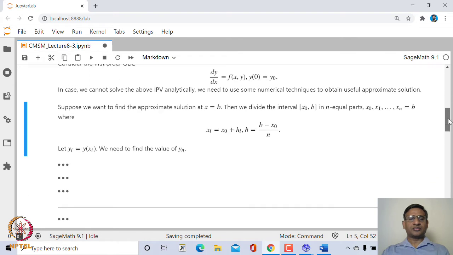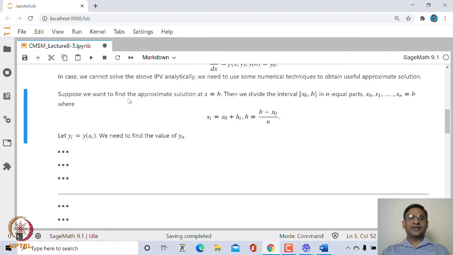In order to find an approximate solution of y at x equal to, let us say, b, we divide this interval x naught to b into n equal parts, let us say x0, x1, dot dot dot, xn. X naught is the starting point at which the value of the solution is given. The length of each of these sub intervals will be nothing but (b minus x naught) by n, and let us call that h, which we call the step size.